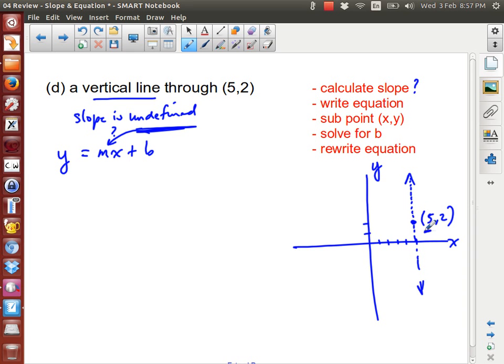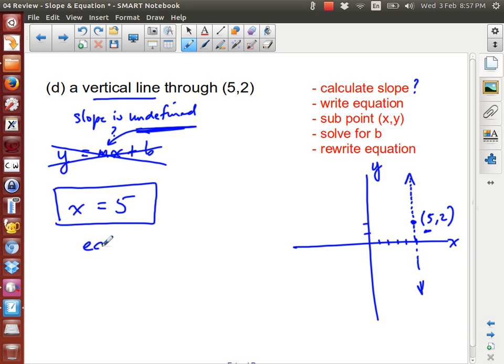The defining feature of this vertical line is that the x-coordinate is always equal to 5. So it turns out we can't actually do anything with that equation. We just have to use our understanding to say that the equation of this line is x equals 5. So that is the equation of a vertical line.